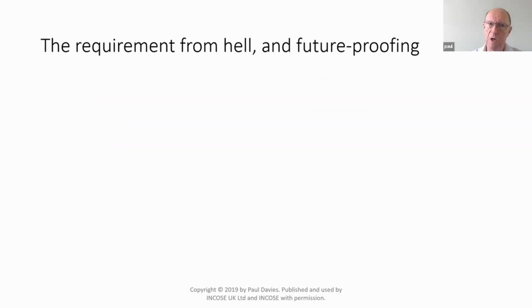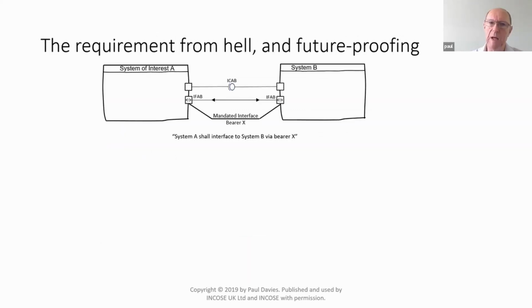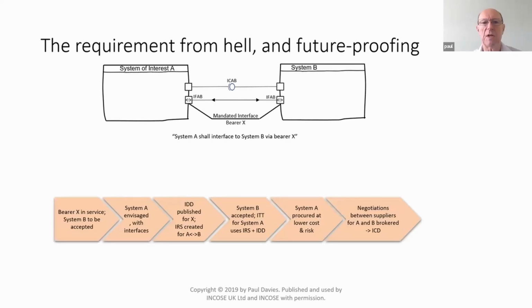Okay, one last thing today is the requirement from hell. System A shall interface to System B via bearer X, which is so easy to say. I'm sorry to say, I've seen that even from our own Ministry of Defence rather more often than I care to mention. That's fine, but what if the interface to System B is not published?